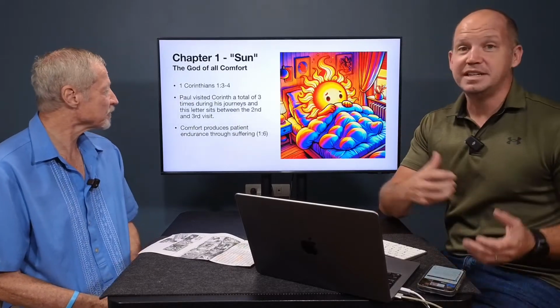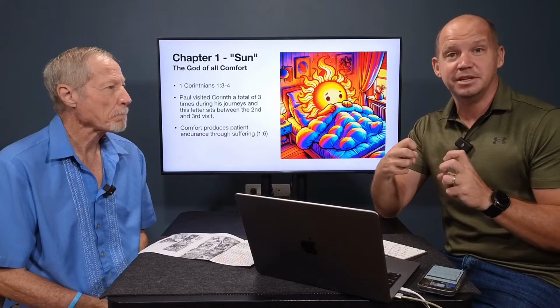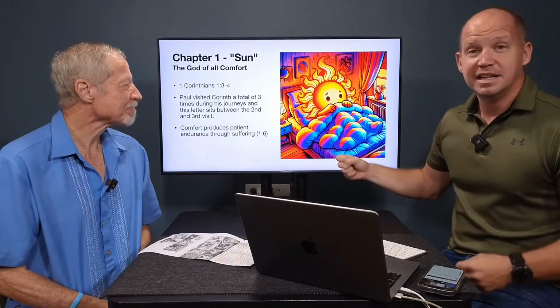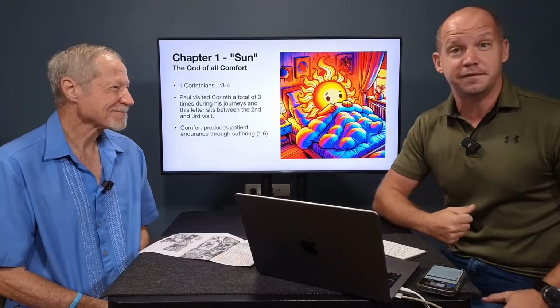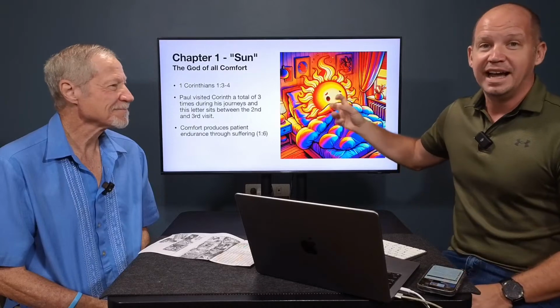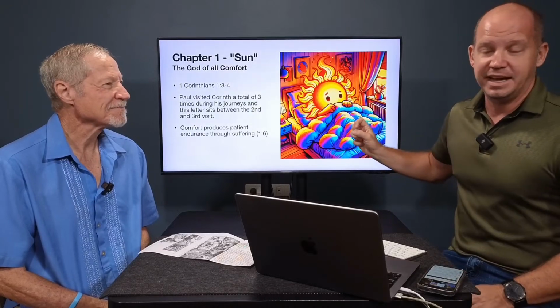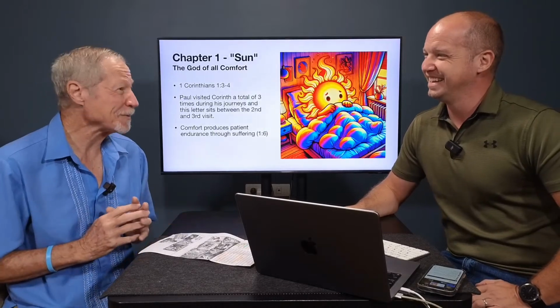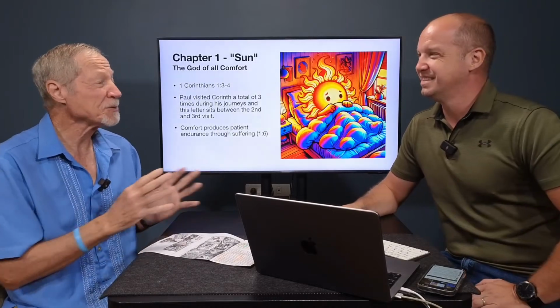Exactly. And a lot of times when it comes to these kind of images, the more fantastic you can make it, the better. So if you think about this sun, like catching the comforter even on fire, if that helps you remember this. But you have 1 sun, and the theme for that chapter then is comfort and comforter. And there are more things in that chapter than just comfort. Of course. And that's going to be true all through this.